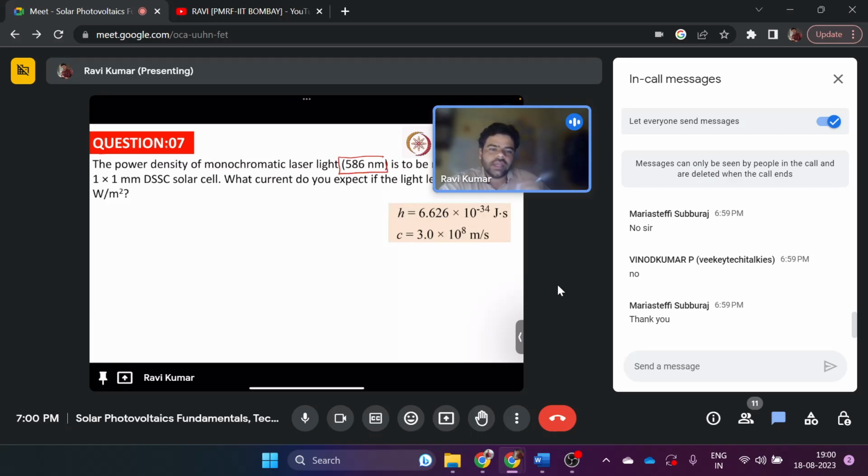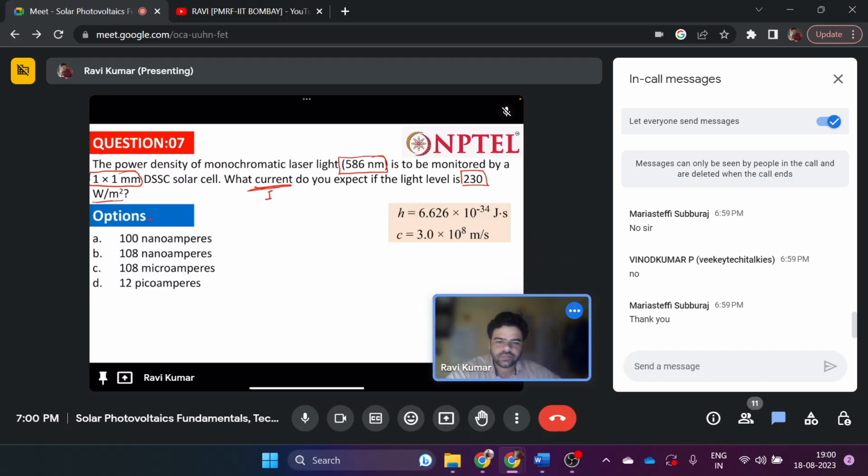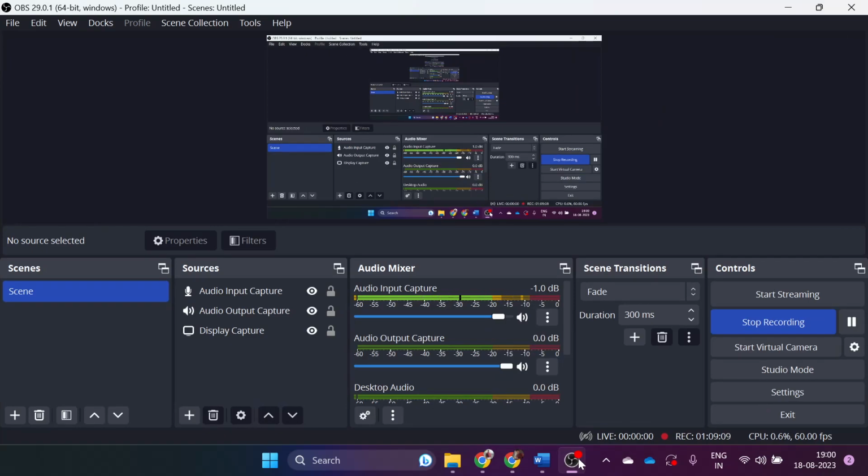It is incident on the surface of a 1 mm into 1 mm DSSC solar cell. What current do you expect if the light level is 230 watt per meter square? Exactly the same question. You just need to calculate current I, and these are the options. Take your time, solve it, and let me know.